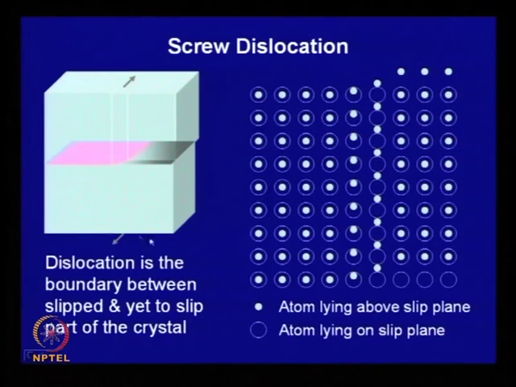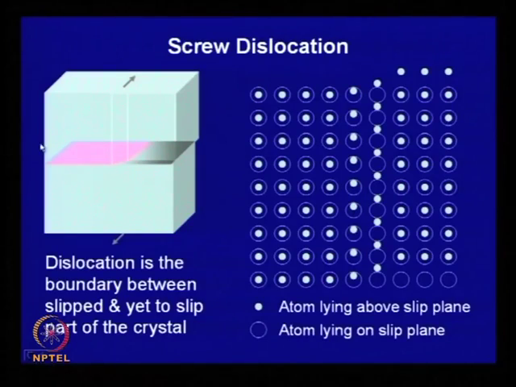Imagine a crystal, and imagine a plane here that we have sliced, and we are applying shear stress on the top and bottom in opposite directions, and the deformation proceeds like this.